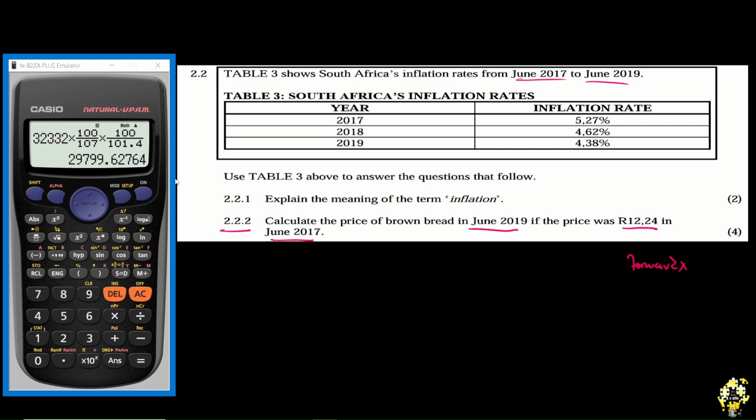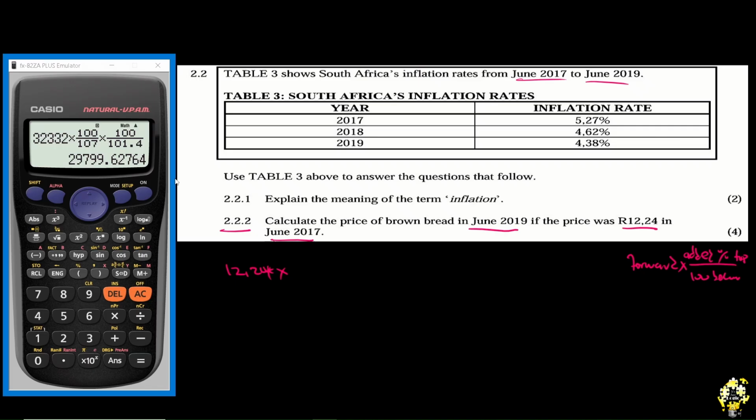If we are going forward, what stays at the top? It's the added percentage at the top. Below, it's 100 that goes below. And let's start. Now we have the price. The price is 12.24. We multiply. It has to be the added percentage.